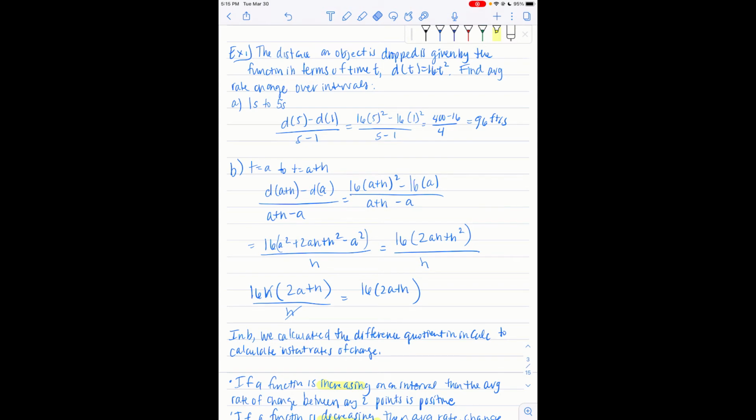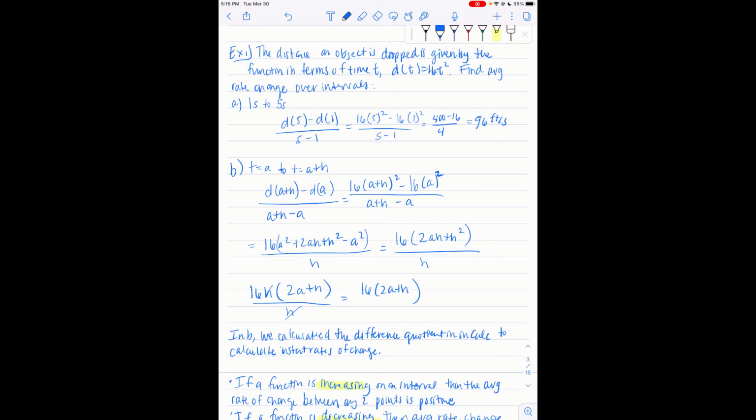Oh, this is supposed to be a squared. Okay, so I have all this from the first term and this from the second term, and then I just factored out the 16. So I get 16 times (a squared plus 2ah plus h squared minus a squared).